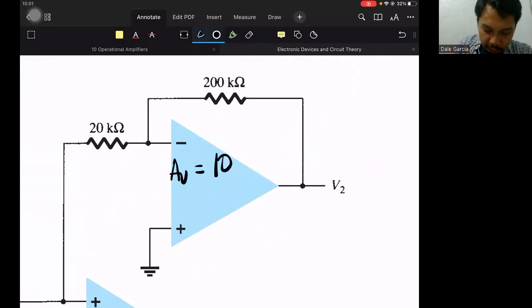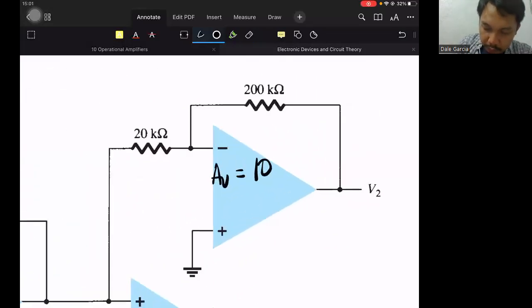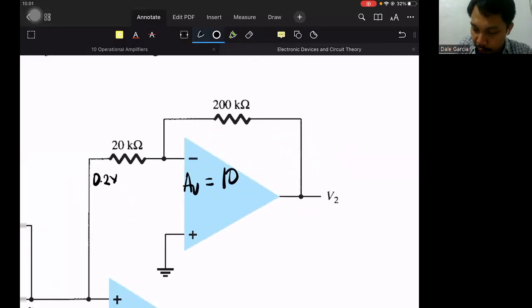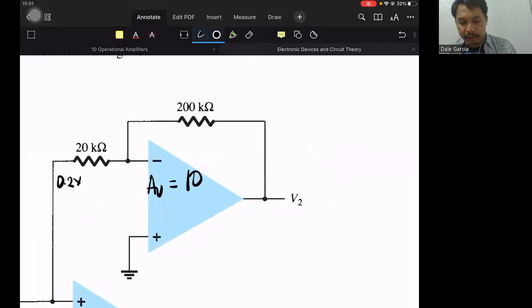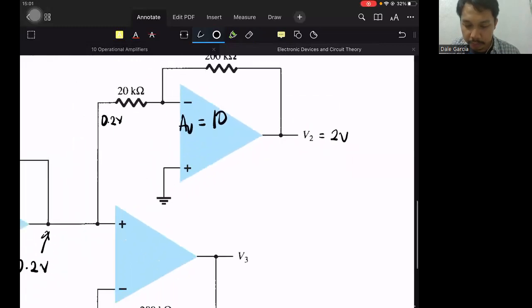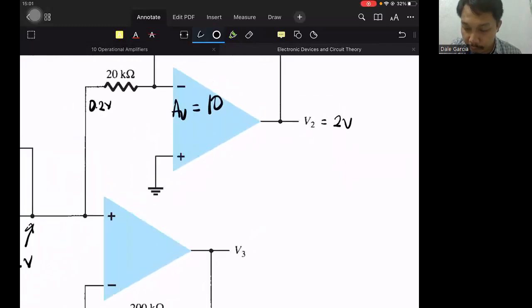If the input is 0.2, the output is 2 volts. Sorry, -2.